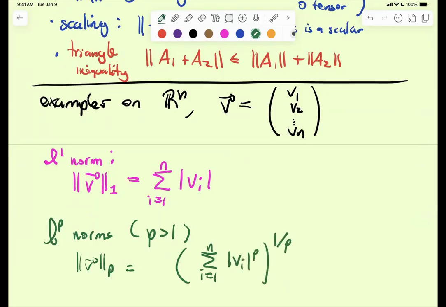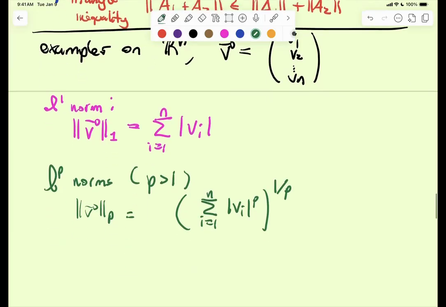It's a generalization of the Pythagoras theorem, right? If p equals 2, that is basically the Pythagoras theorem of the norms. So this generalizes the one that you know for p equals 2.